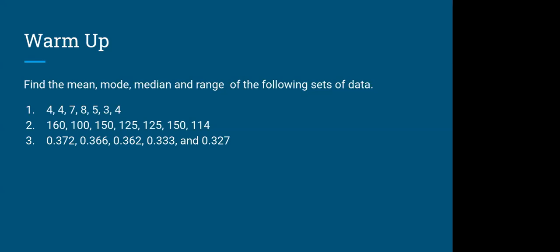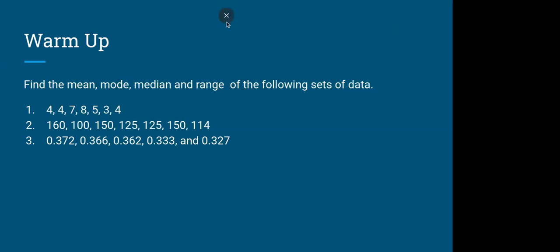And the third set is my favorite, decimals. So in the third set, you have 372 thousandths, 366 thousandths, 362 thousandths, 333 thousandths, and 327 thousandths.